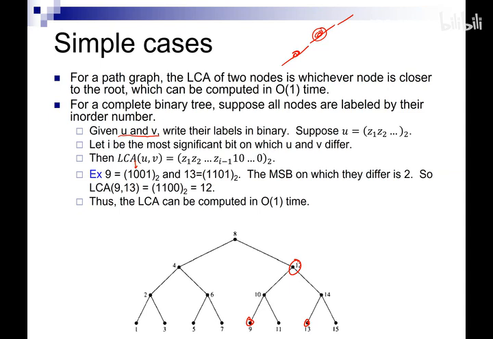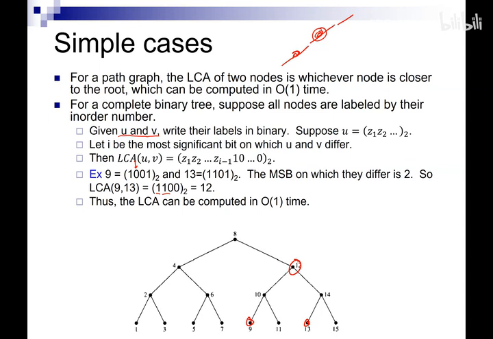And then we're going to set all of the higher order bits to 1s. So we're going to set this bit to a 1. We're going to set the ith bit itself to a 1. And then we're going to set the other bits to be 0s. Okay, and the claim is that this is going to be the LCA of 9 and 13. And this value is equal to 12, so that is indeed the LCA.